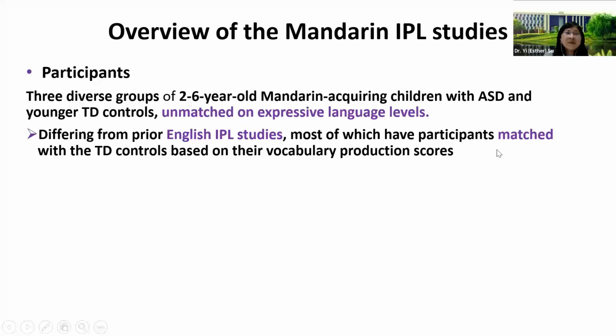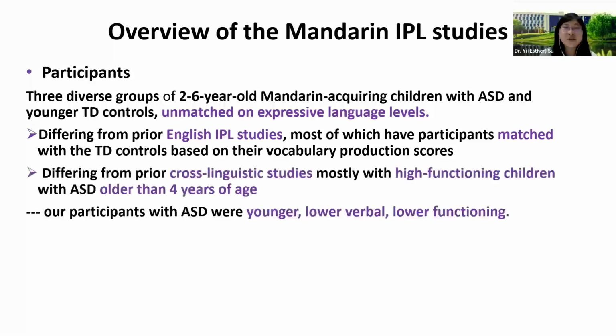So, well, to summarize, for our participants, we have unmatched groups of these 2 participant groups. So they differ from previous English IPL studies. Most of the previous IPL studies have participants matched with their TD controls based on their vocabulary production scores. And also our participants differ from prior cross-linguistic studies, mostly with high-functioning children with SD older than 4 years of age.